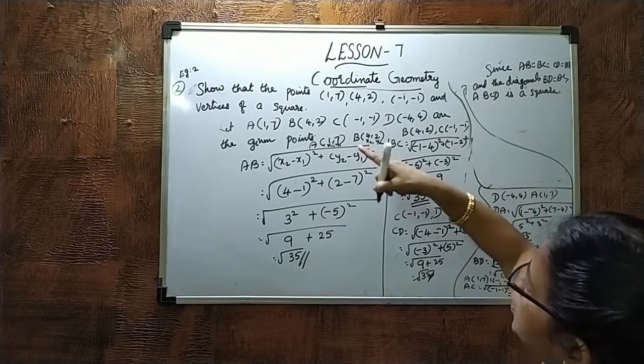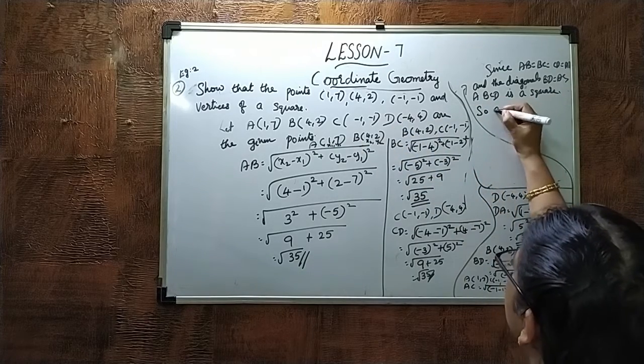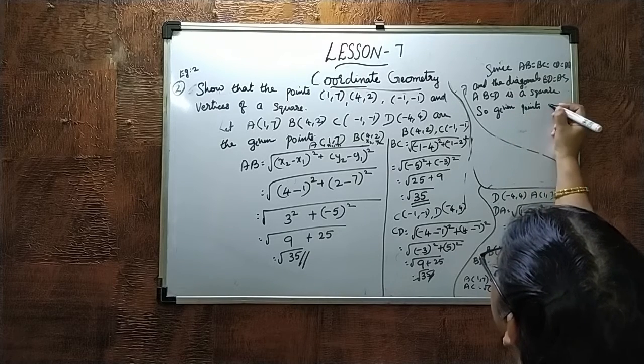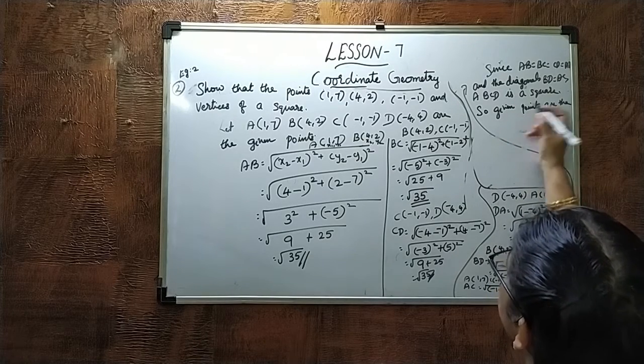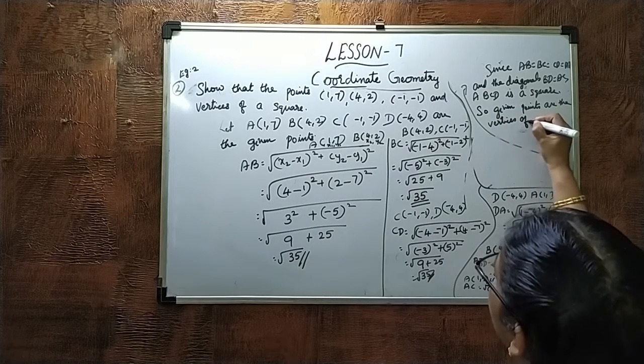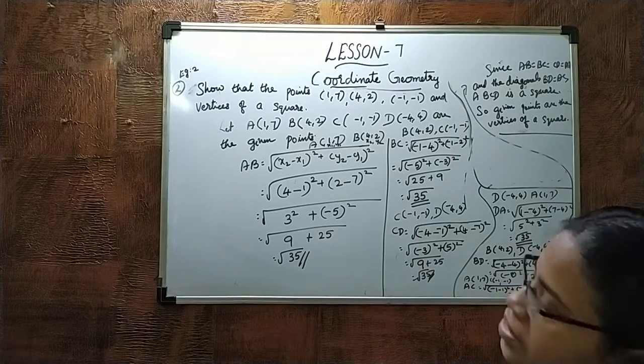Then what is the next step then? So what we can say? So the given points are the vertices of a square. Vertices of a square. Okay, this is the answer.